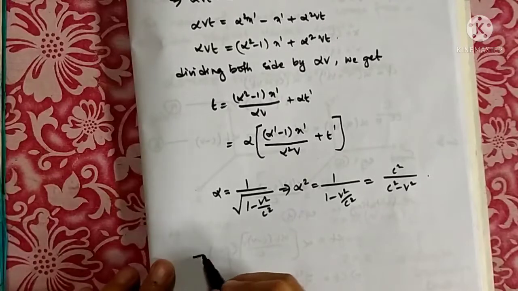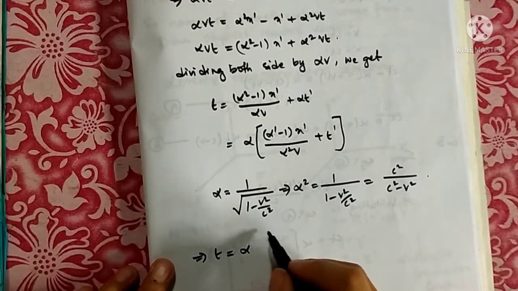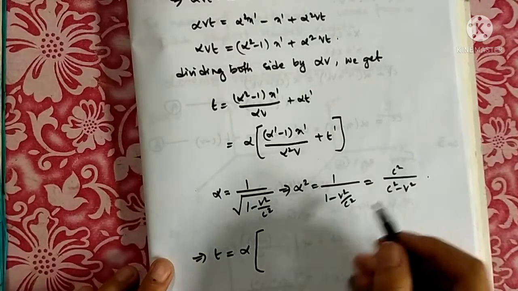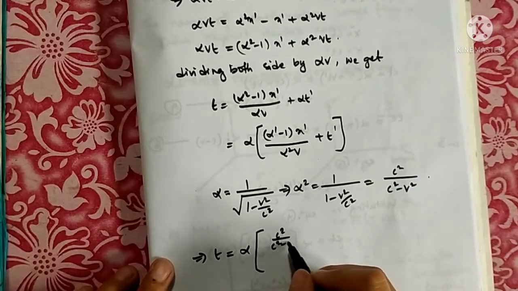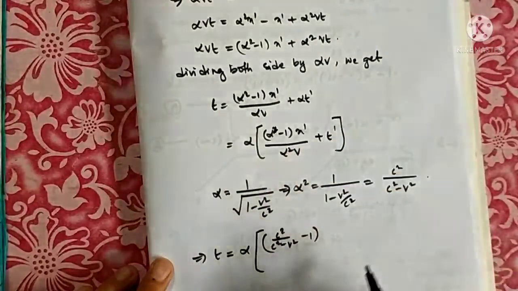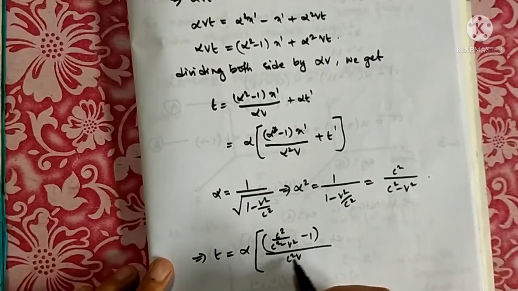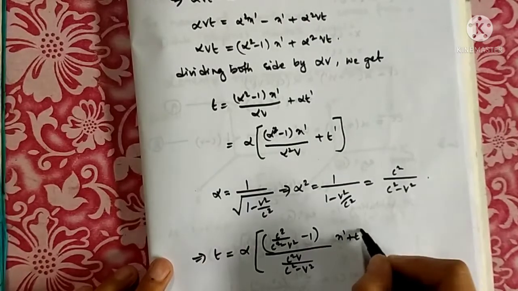So we need to find t is equal to alpha, putting the value of alpha square, we get (c square by (c square minus v square) minus 1) divided by (v c square by (c square minus v square)) into x prime, plus t prime.